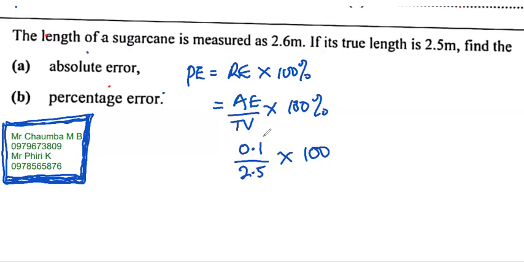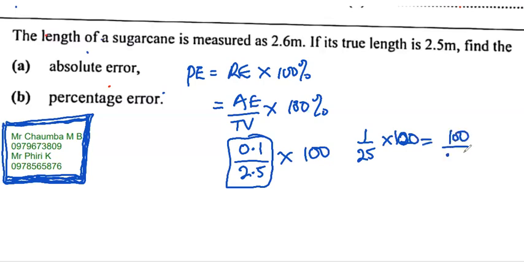We could go further. If you like, you multiply each one of these by 10, because we're targeting the one that is below, which has 1 decimal place. So if we multiply each one of them by 10, we'll end up with 1/25 multiplied by 100. This is going to be 100/25.